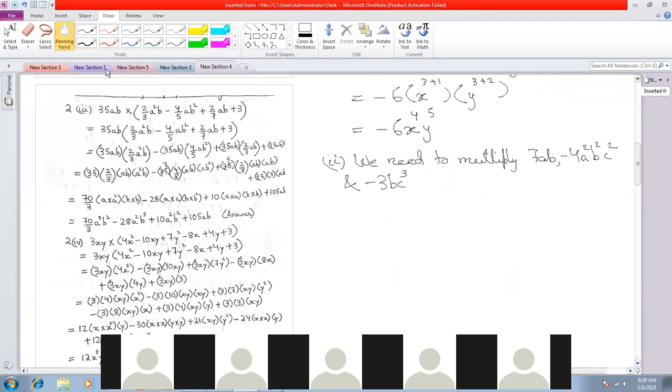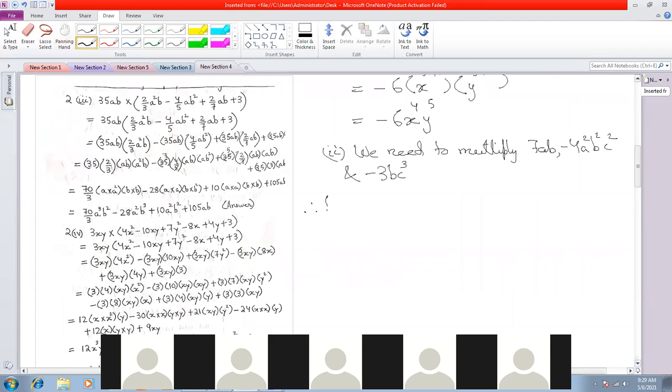So therefore, what should be the product? Therefore, product is equal to, multiply these two, 7ab into minus 4a square b square c square, okay, into minus 3bc cube. Okay, so now what you see here is you have a plus 7ab, you have a minus sign here, you have a minus sign here.